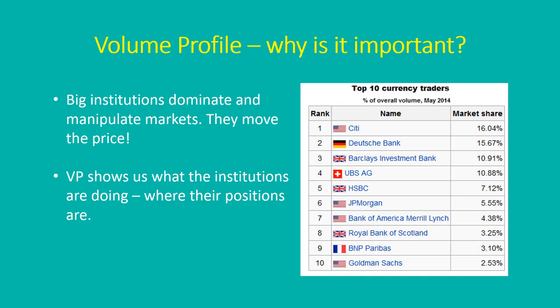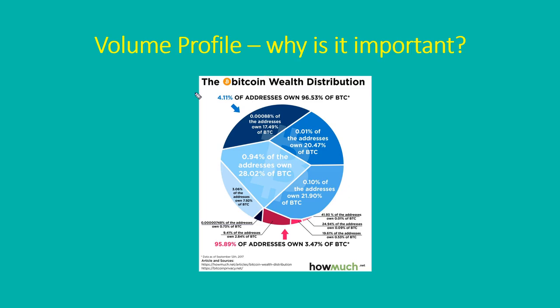And speaking about those banks and big financial institutions, it's not just about currencies, you know. This is Bitcoin chart, Bitcoin wealth distribution. And basically what this chart shows is the same situation as I showed you in the previous picture. And the most important thing it tells us is that 4.11% of addresses owned over 96% of all Bitcoins.